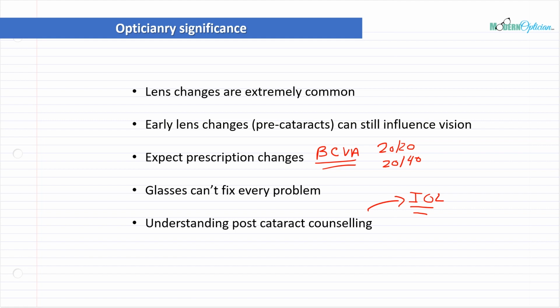Especially when you consider that every patient after 40 is going to have some form of lens change, and all the way to the end, they're going to have either lens changes or cataracts, or they're going to have had cataract surgery, and you're dealing with pseudophakic patients. There is always going to be that concept looming over every single one of your middle-aged to elderly patients. All right, let's move on to the next one.